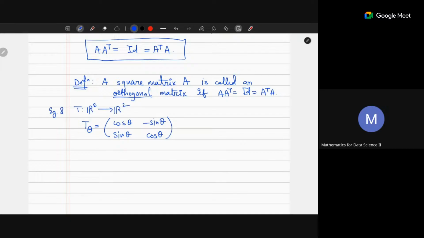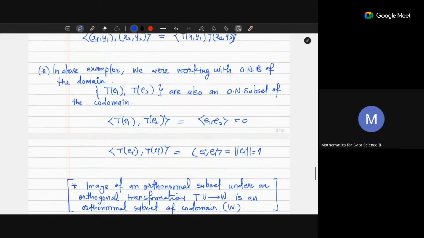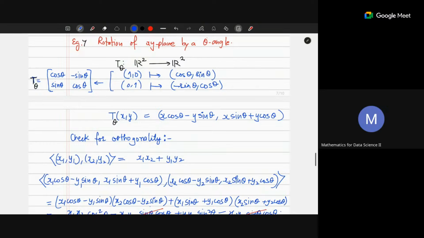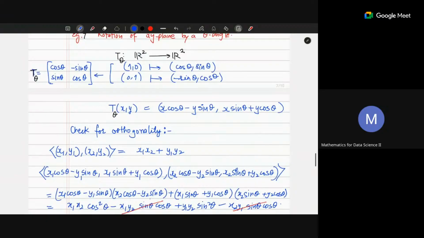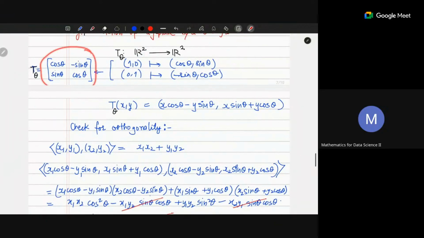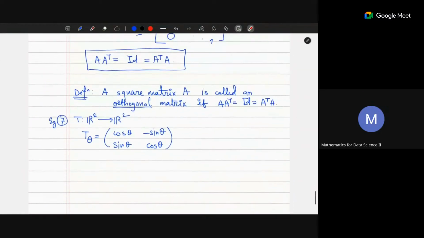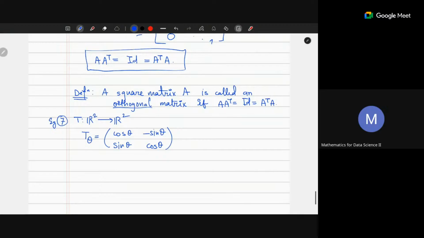This was example 6, I guess. I think cos theta, minus sine theta, sine theta, cos theta would be the rotation matrix. Let me check. That was the rotation, right? This is the rotation matrix. That's what I've written, you see at the top here.